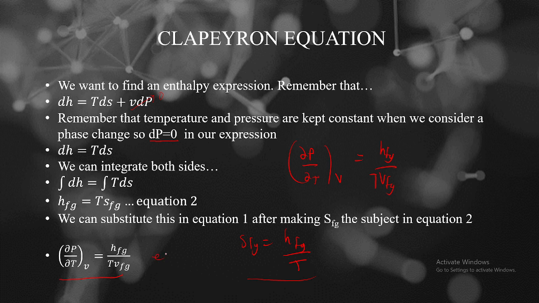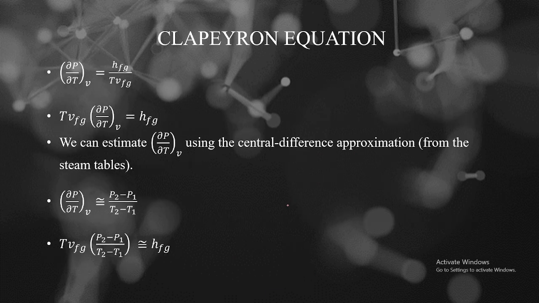So let's say this is equation 3, right? So we have del P del T at constant V equal to HFG over T times VFG. Okay, now we can take this even a bit further. Our focus is on HFG, so we can make HFG the subject to get the expression in this form.